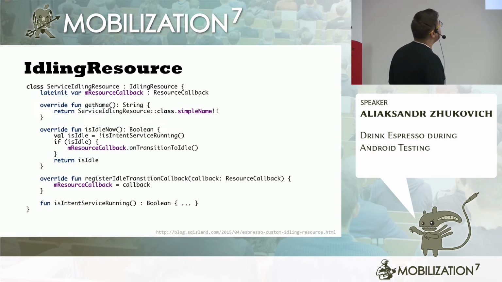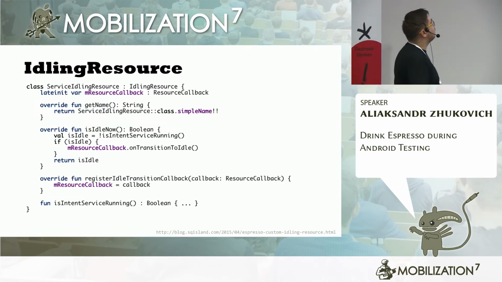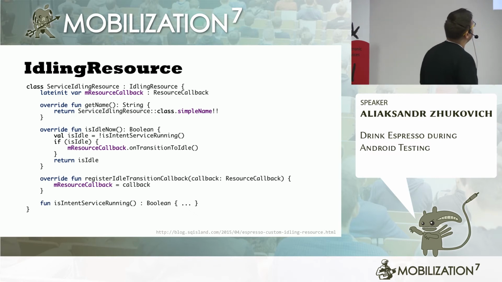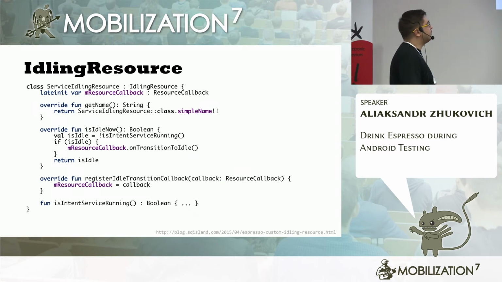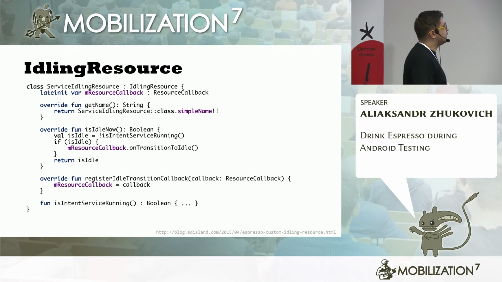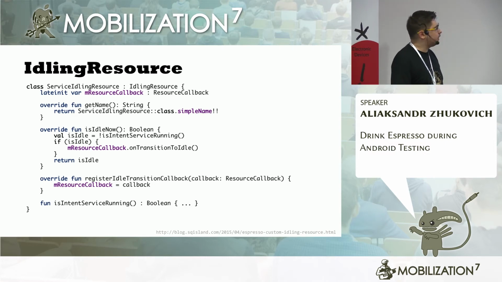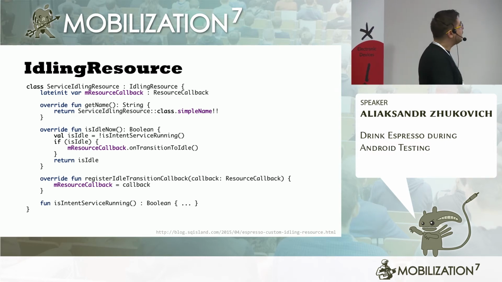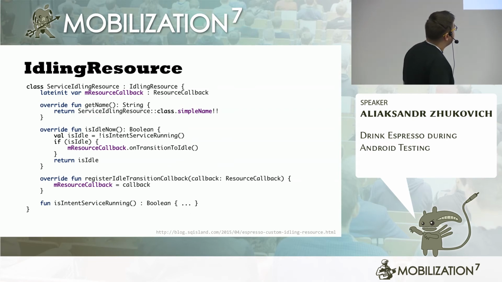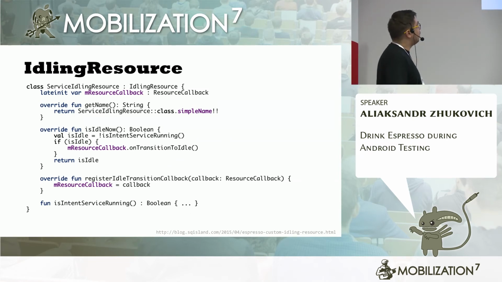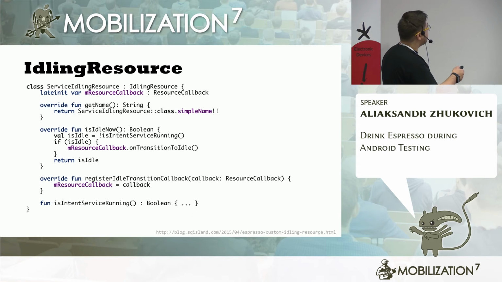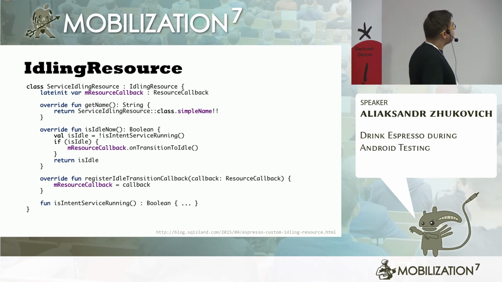First of all, we can create a custom idling resource based on the IdlingResource interface, and for it we should override three different methods: getName, isIdleNow, and registerIdleTransitionCallback. Let's start with the callback. This callback we get from the Espresso framework, and use it in the isIdleNow method.